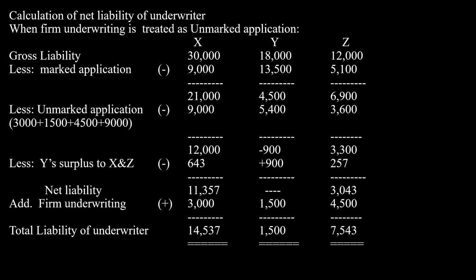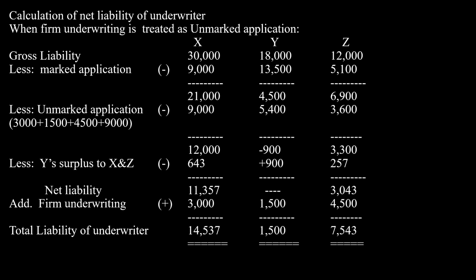9,000 shares, and now you are going to take your firm underwriting also here. Firm underwriting of 3,000, 1,500, and 4,500 plus your unmarked application. When you add all of them together, you will get the value of 18,000. Now 18,000 will be allocated to X, Y, and Z in the gross liability ratio.